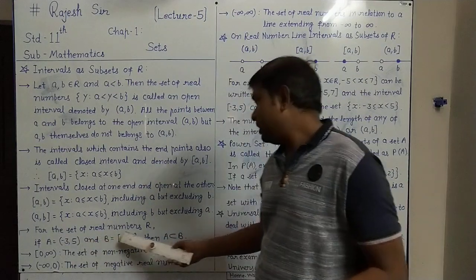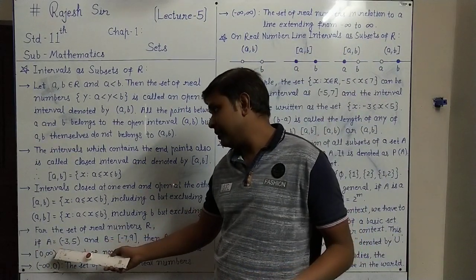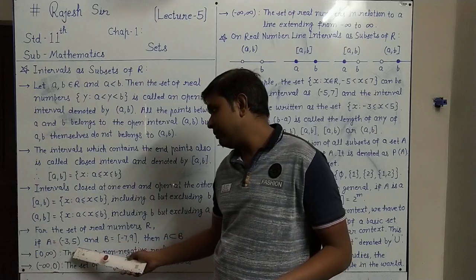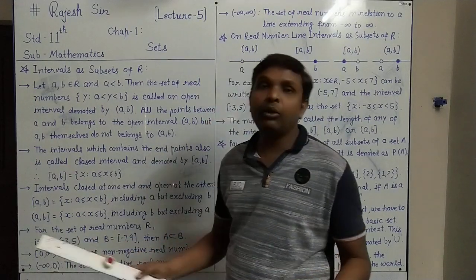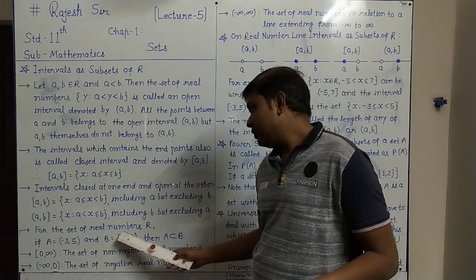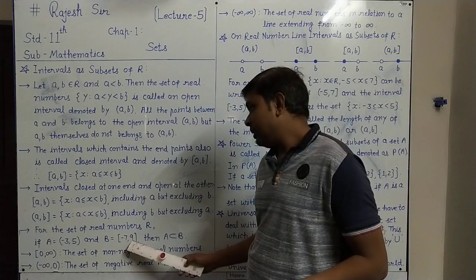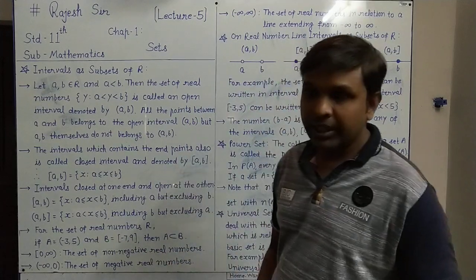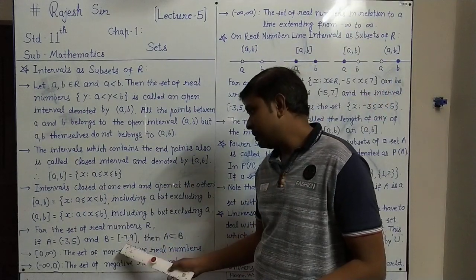For the set of the real numbers, if I say A equals the open interval minus 3, 5, it means between minus 3 and 5 all the real numbers are present in this A. And B is the closed interval minus 7, 9, that means between minus 7 and 9 all the numbers, as well as minus 7 and 9 also, are included in this set.